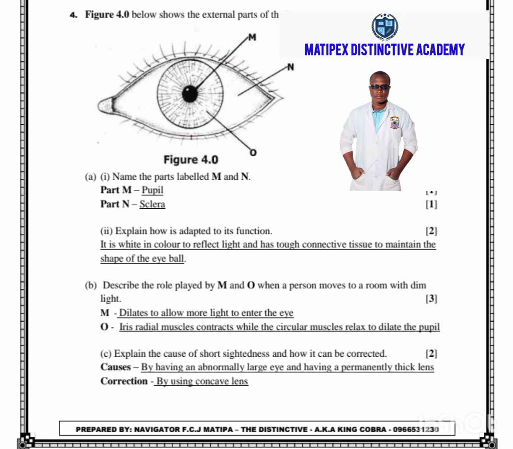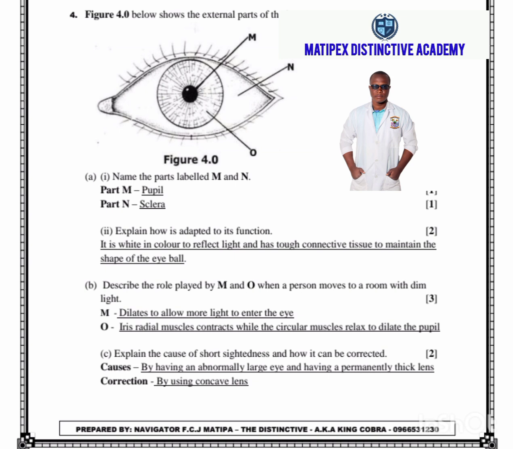Then O, you say iris radial muscles contract, because we know the iris has two muscles. It has radial muscles and it has circular muscles. So when a person enters a room with dim light, the radial muscles contract while the circular muscles relax, causing the pupil to dilate.